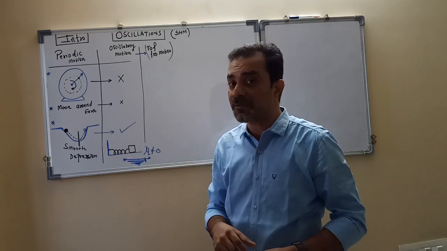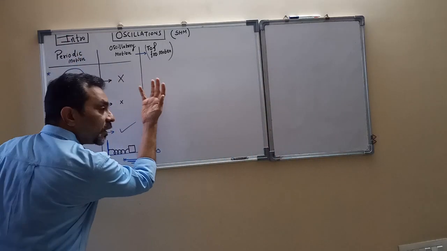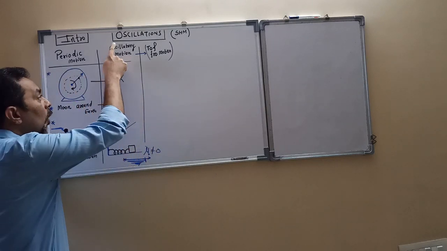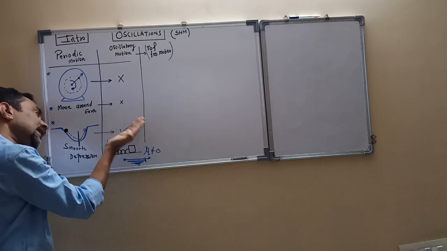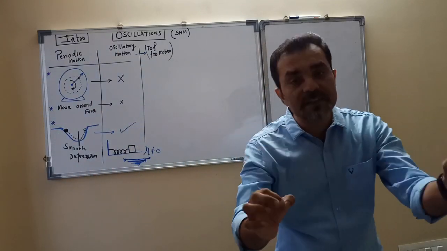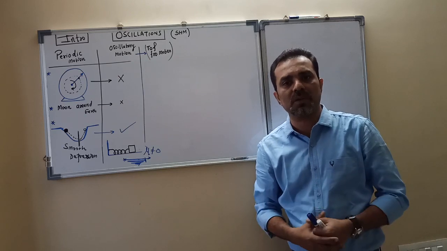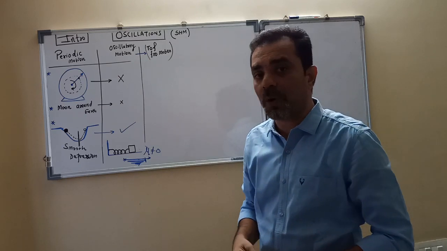So try to understand my one point. All periodic motions are not oscillatory. All oscillatory motions I can say are periodic provided there is no loss of energy, provided there is no friction and so on. If there is friction, there is a loss of energy. So I repeat one very important statement.